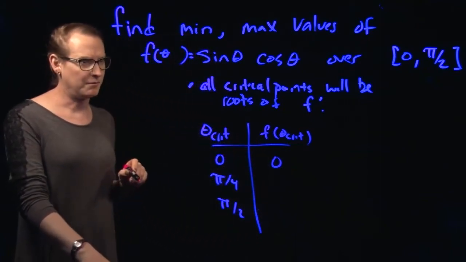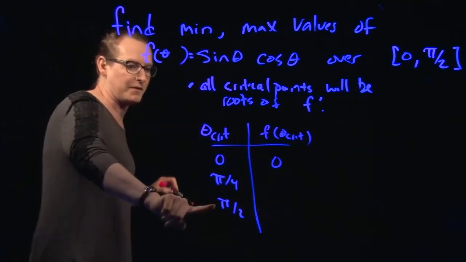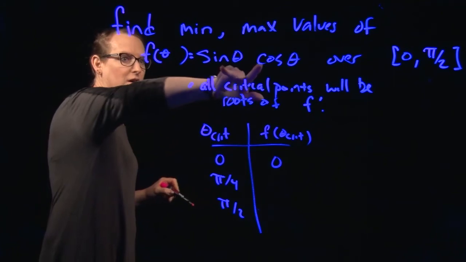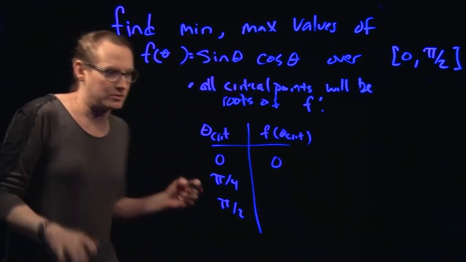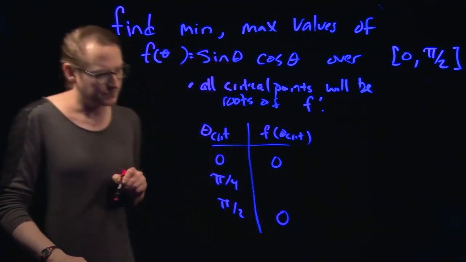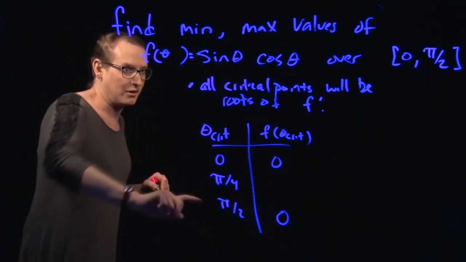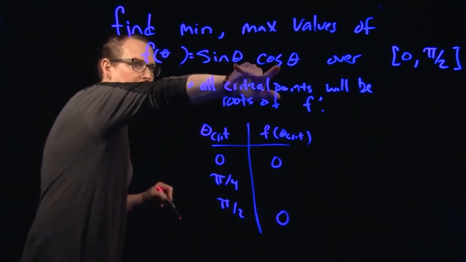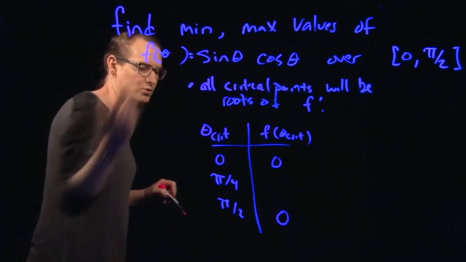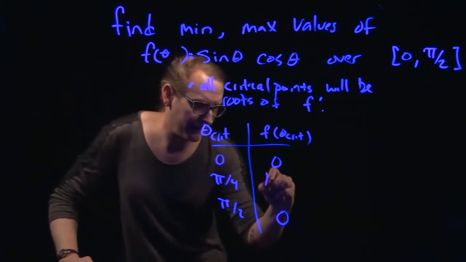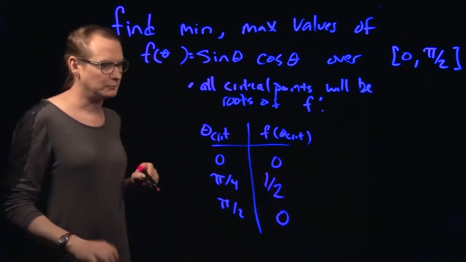This value is 0. Similarly, if I take pi over 2 and plug it in here, cosine of pi over 2 is 0, so 0. And then here, if I plug in this value, root 2 over 2 times root 2 over 2 is a half.